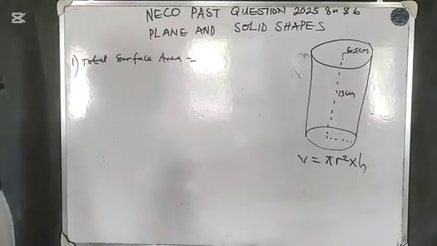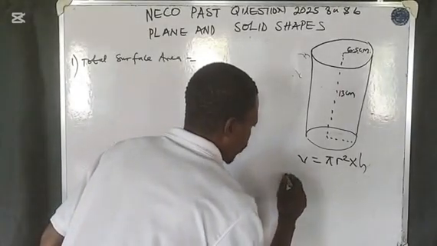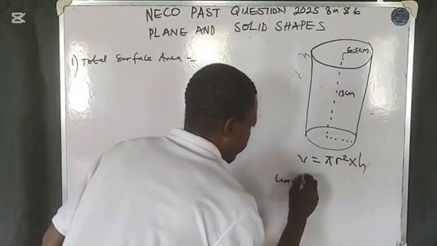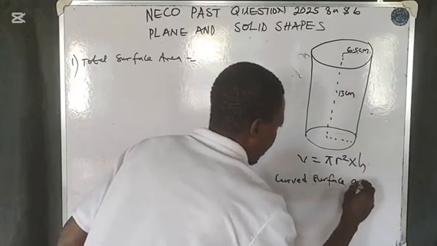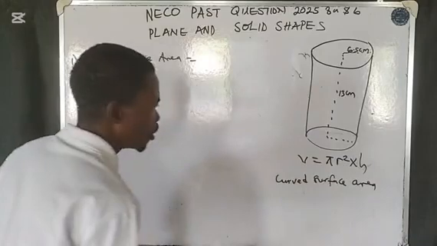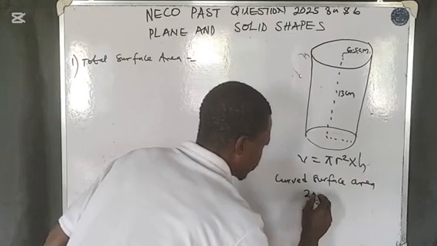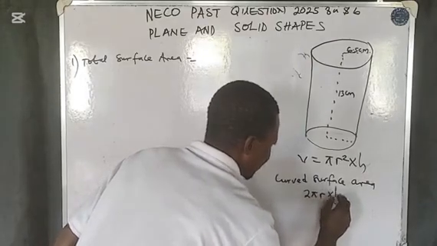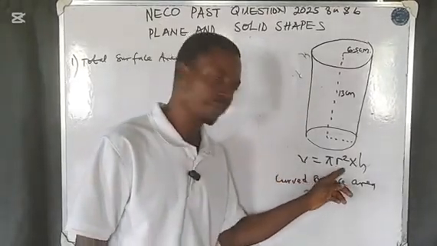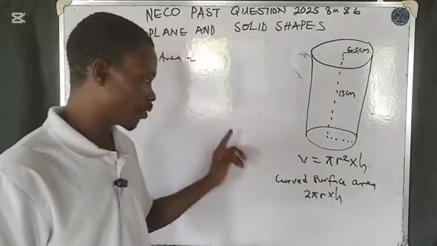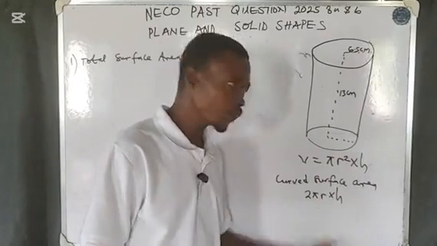Then curved surface area. That will be what? Base perimeter times height. This is the formula for volume of a cylinder. This is the formula for curved surface area of a cylinder.